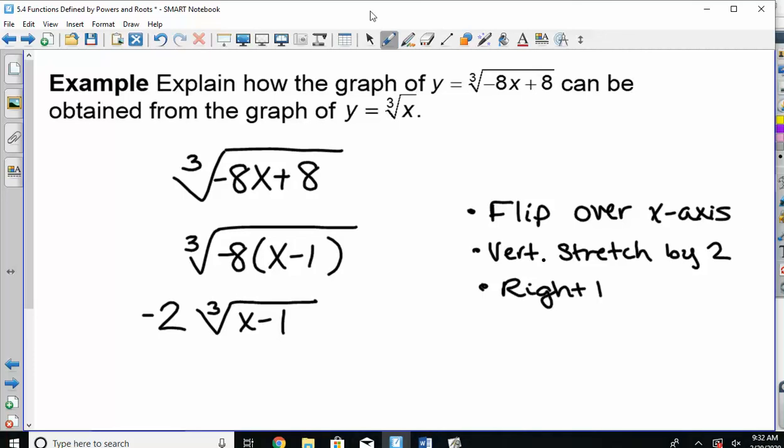So you essentially are looking at 3 separate things: a negative, a 2, and the 1. If there were a negative left on this x, we're going to try to pull those out whenever possible, so it's a little easier to think about.